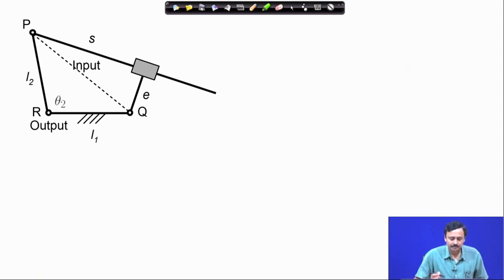So, here I have this mechanism drawn. I will follow the procedure that we have been following.